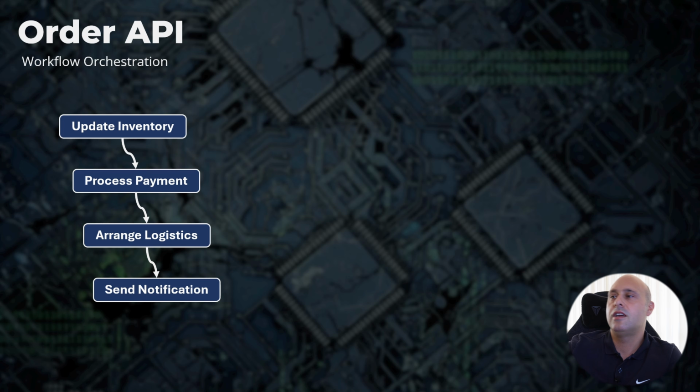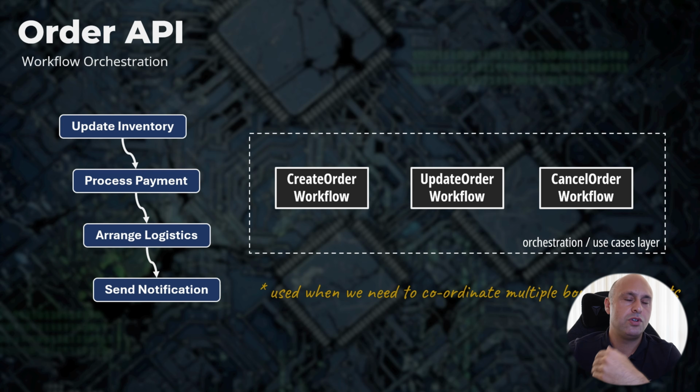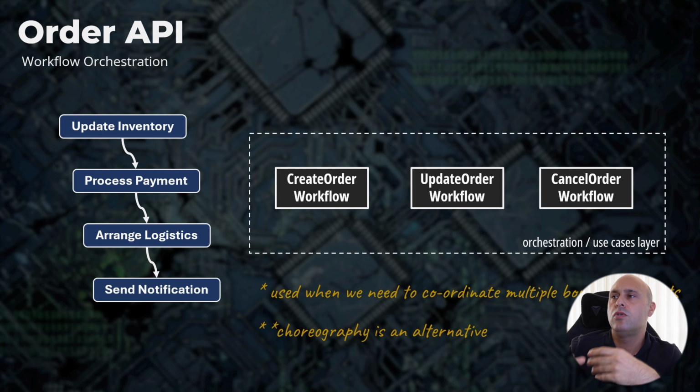And there, adding an orchestration or use cases layer makes perfect sense because this layer's job would be to manage the complexity of the workflow and isolate the logic of the orchestration from all the subdomains that could be handled by independent modules in a modulith, or they could be different microservices in a distributed architecture.